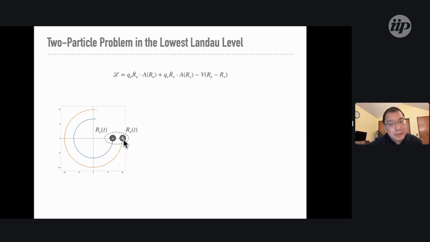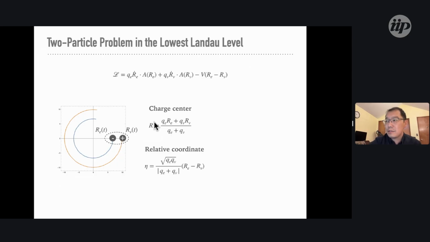But it's a two-particle system, so in this case you can also introduce new coordinates. The first one is the charge center, because Q_E and Q_V are the charges of the electron and the vortex, and you can also define a relative coordinate, which is my eta.